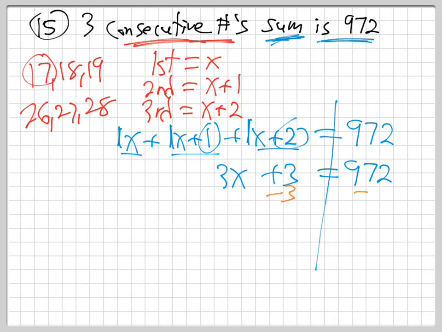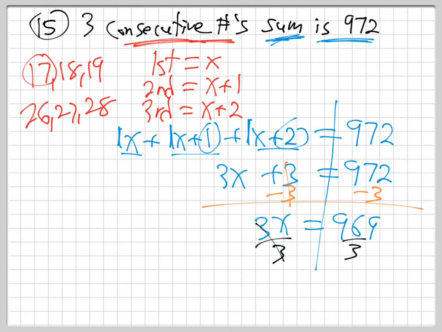X wants to be alone, subtract 3 from both. 3x is, what is it, 969? And then last step, divide by 3. So what is x there? 323? So x is 323.